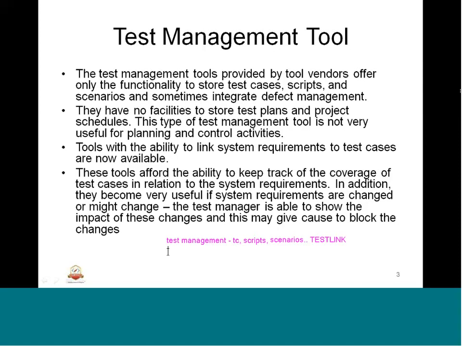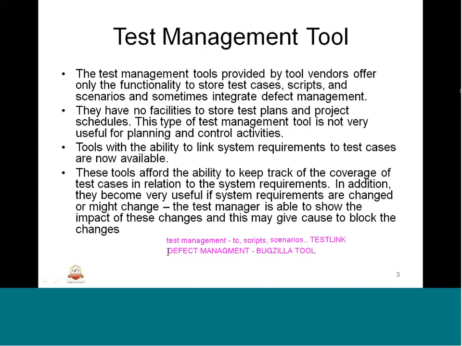Similarly, we need to identify the defects using a defect management tool. All this will basically be used for managing the test. Something like the Bugzilla tool is used for test management and defect management. So basically, it offers to store all these artifacts, scripts, scenarios, bugs, and all that, and they don't store plans.